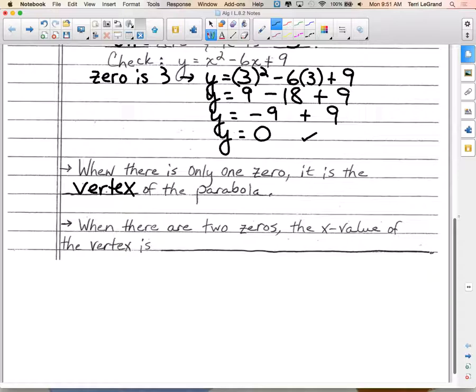Remember, for there to be no zeros, what has to be true, Riley? What has to be true for there to be no zeros? The parabola doesn't cross the x-axis. Are there any of those 5 that do not cross the x-axis?